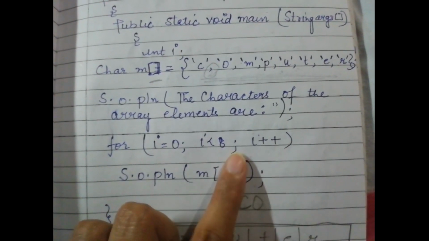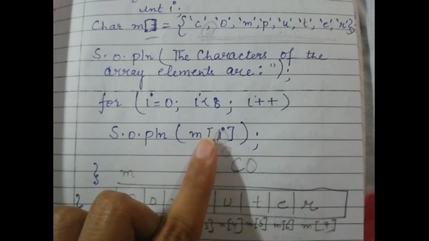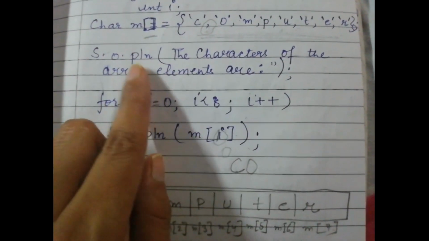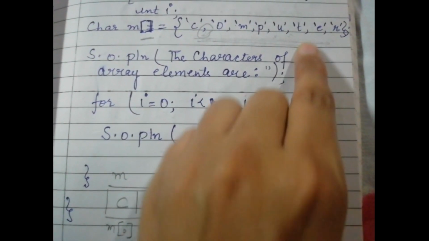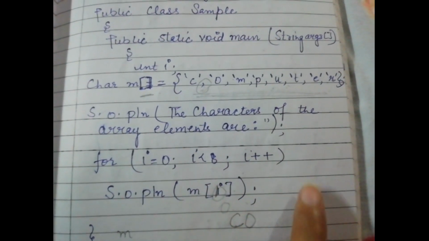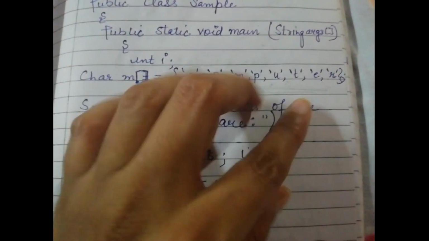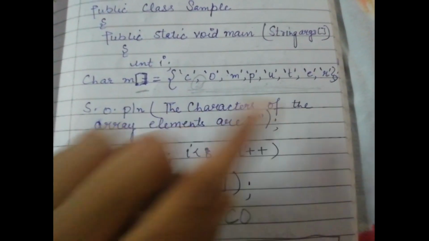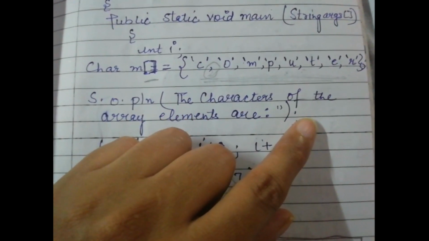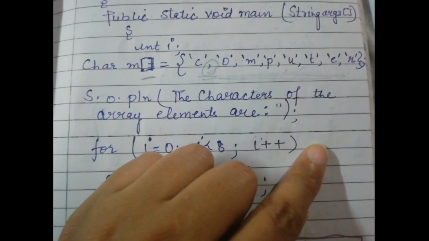So every time Mi is replaced with the number and println, it will show you COMPUTER like this, and in the next statement, in the next line, because we are using the println statement, control of the compiler goes to the next line.